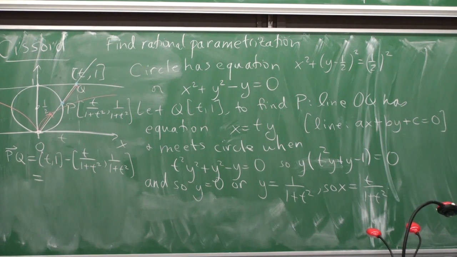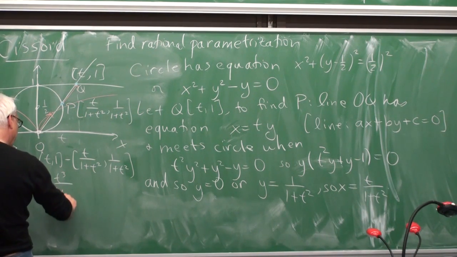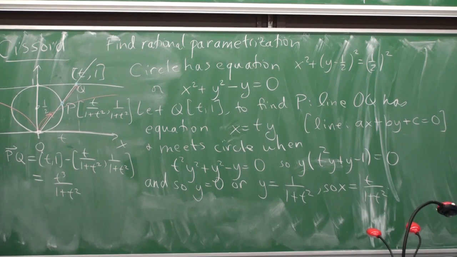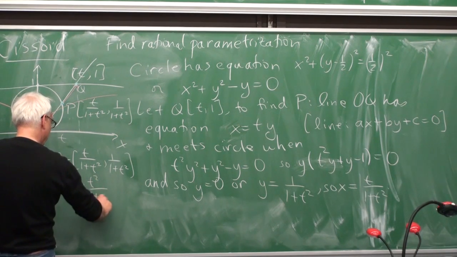Then we have to get this over a common denominator. So t minus t over 1 plus t squared will be t cubed over 1 plus t squared. And 1 minus 1 over 1 plus t squared is t squared over 1 plus t squared.